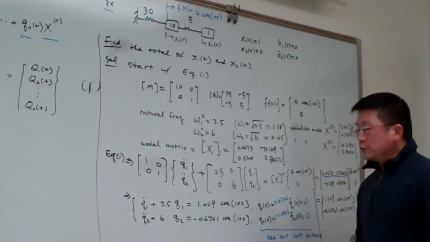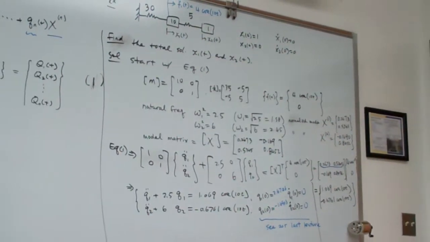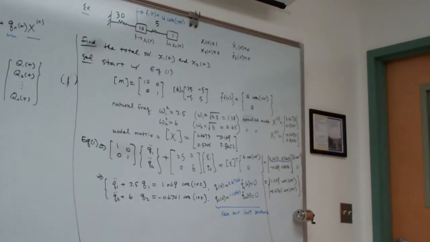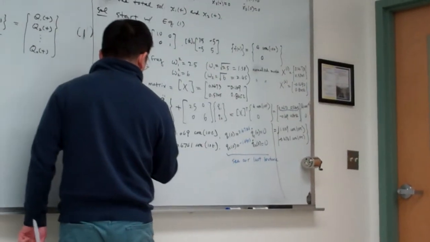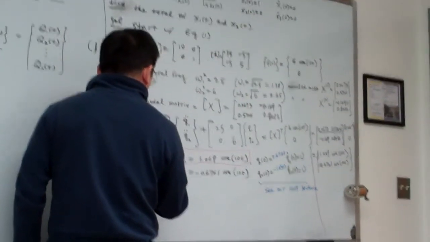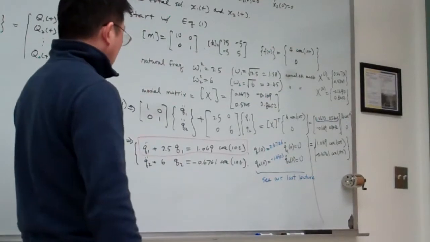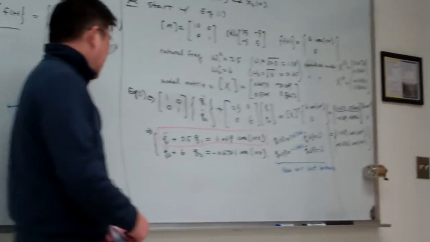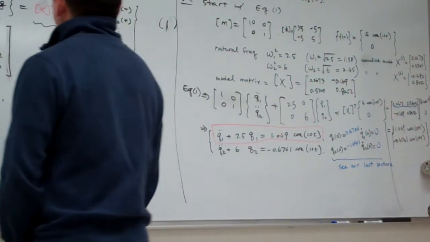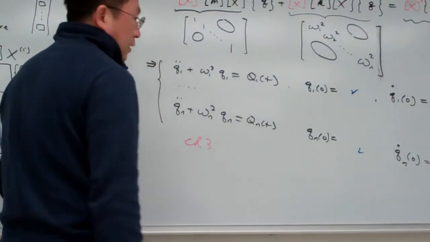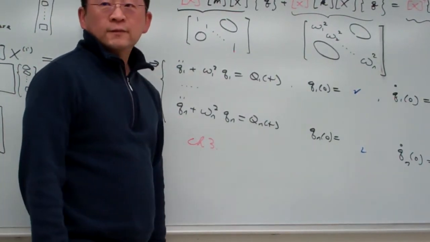Then again, do you know how to solve for these single degree freedom vibrations? This is a harmonic vibration of a single degree undamped system. From chapter 3, we have such a formula.